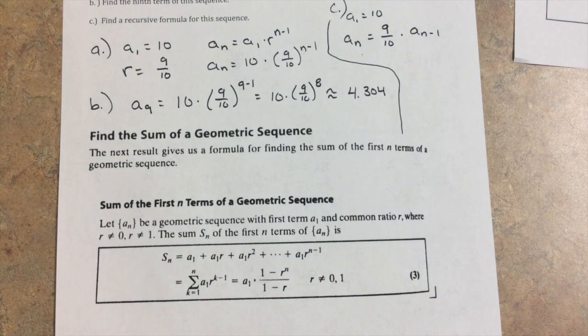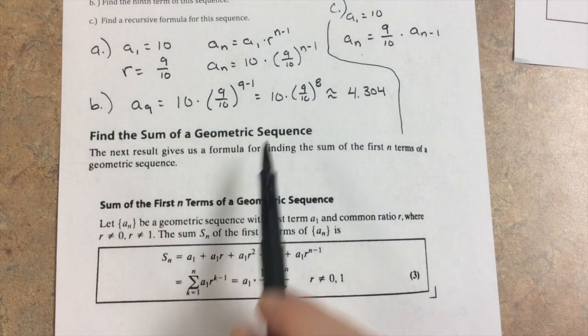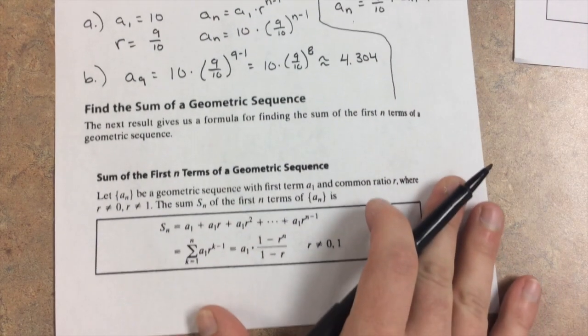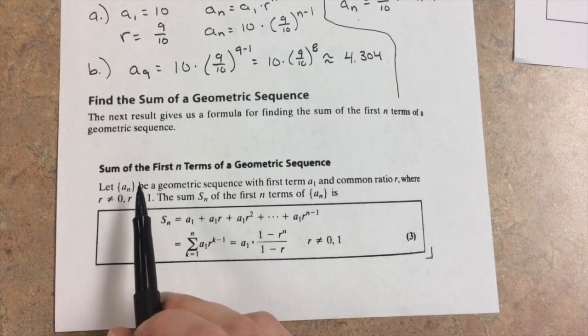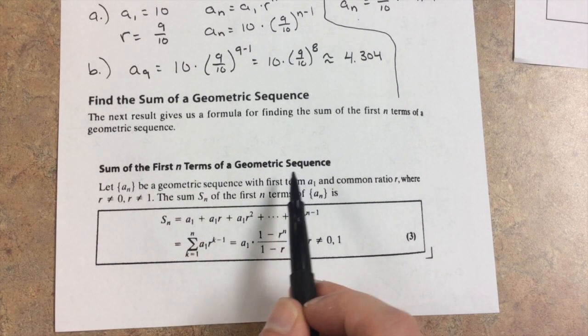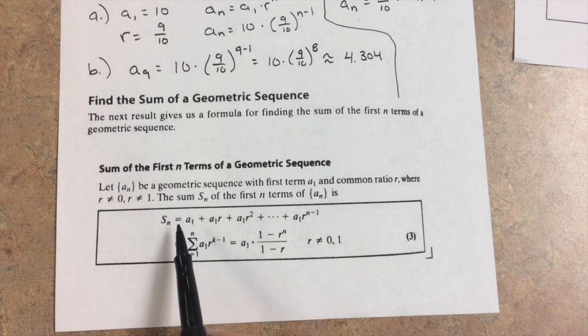Once we do all that work with sequences, we want to go to sums of sequences, or series. So let's just get a definition out of the way. The sum of the first n terms of a geometric sequence we're going to call S sub n.